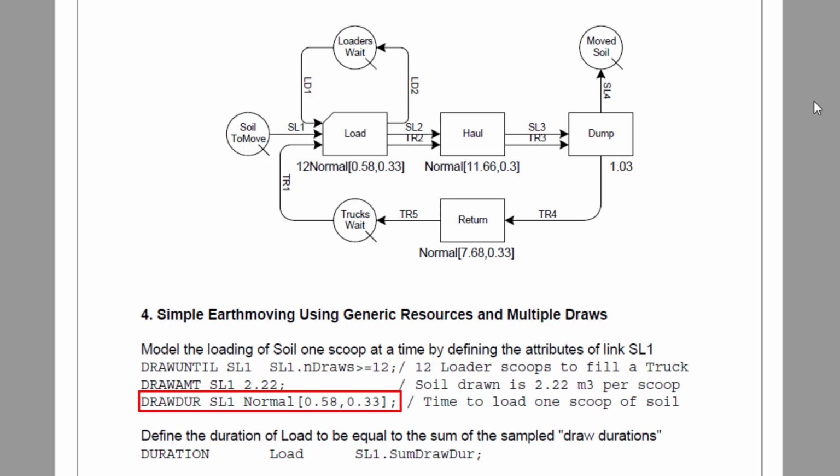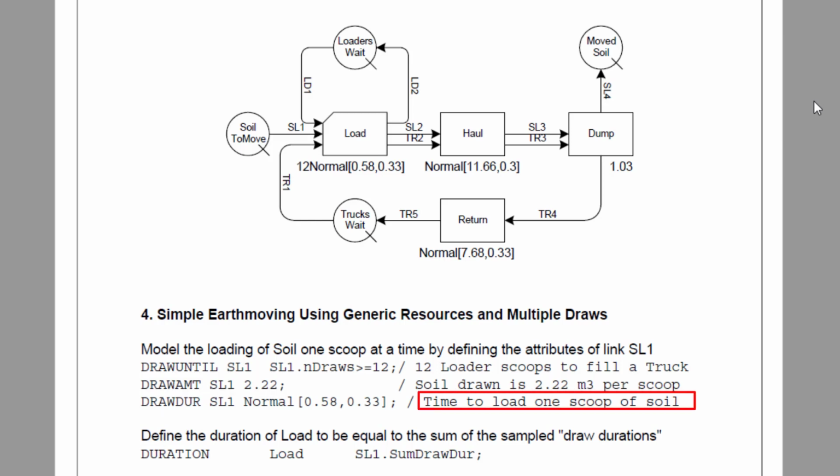The third statement is draw duration, draw dur, which again takes as a second argument the name of the link, and then after that it has a formula, in this case simply the function normal with an expected value of 0.58 and a standard deviation of 0.33. That normally distributed random variable represents the time to load one scoop of soil from the soil in place into the truck.